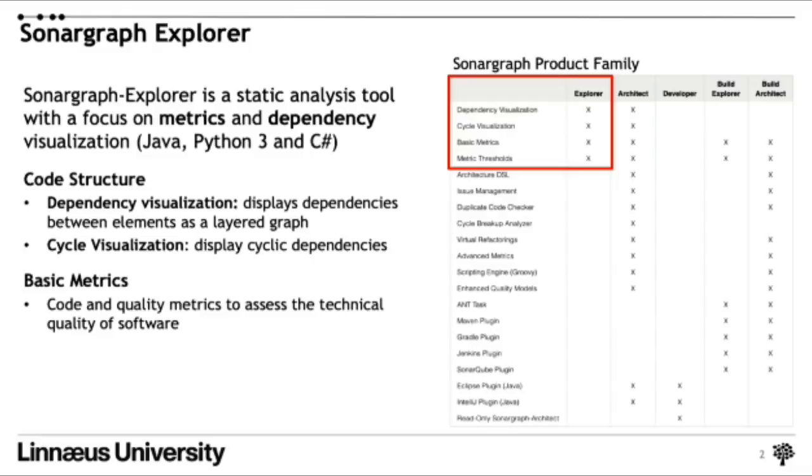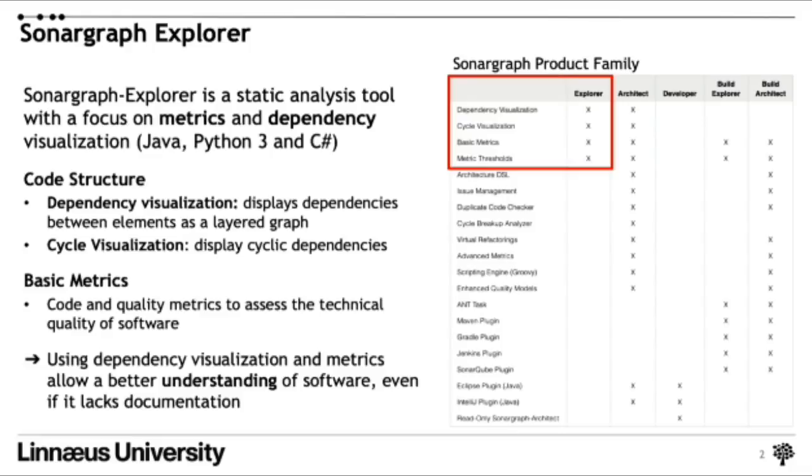In order to measure the quality and the level of quality, we need to establish some metrics, okay, so that we can say if a level of quality is better or worse than another level of quality. And then using both dependency visualization and metrics allows us to better understand the software that we are working on and involved with, even if we don't have documentation. So just running and using this tool on our code base will be enough.